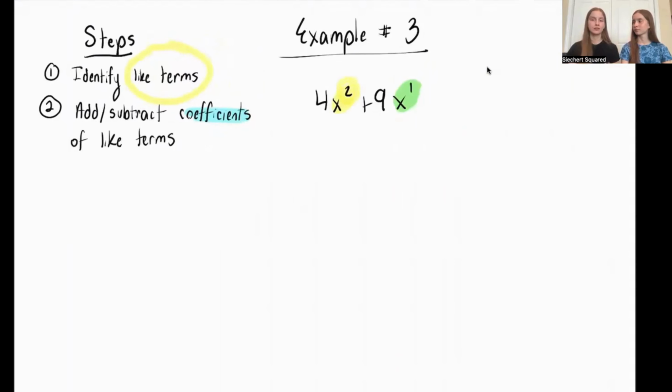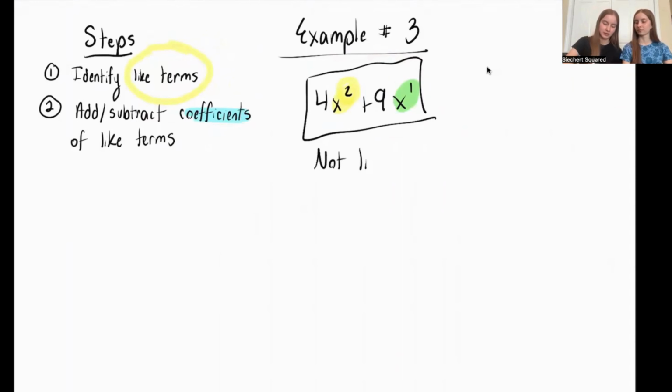Just like that other problem, you can't keep going here. You can't even really start the problem because there are no like terms to work with. So if you see a problem like this, you just box the question. That is your final answer. If you want to make a little note: they are not like terms, so we can't combine them. Be really careful. It's something to be on the lookout for.